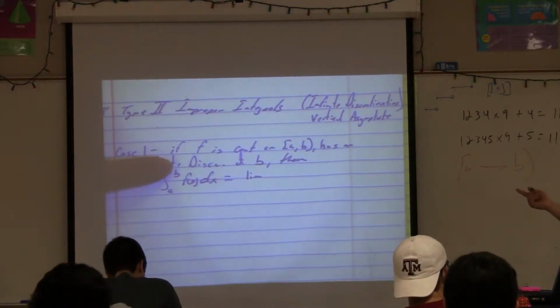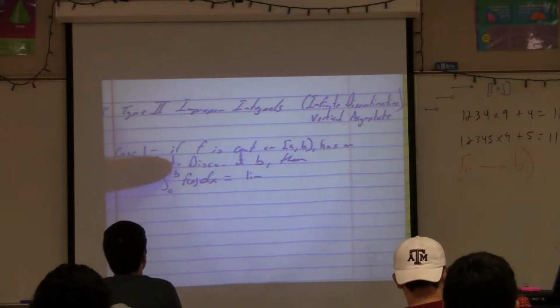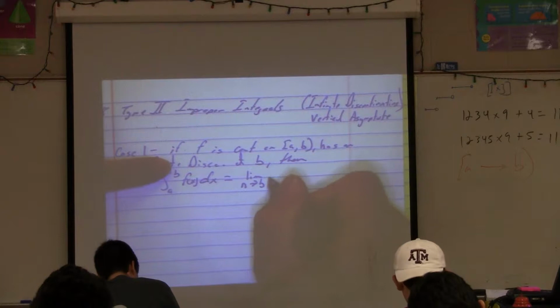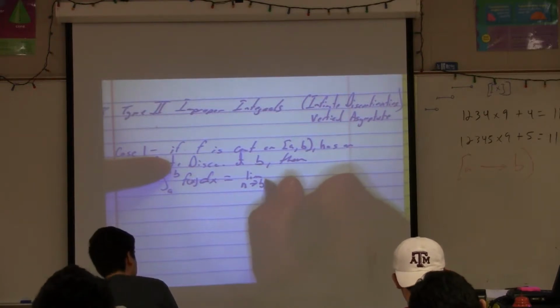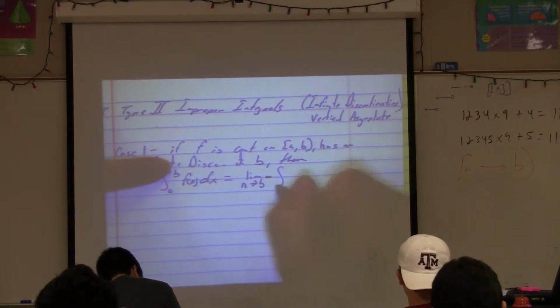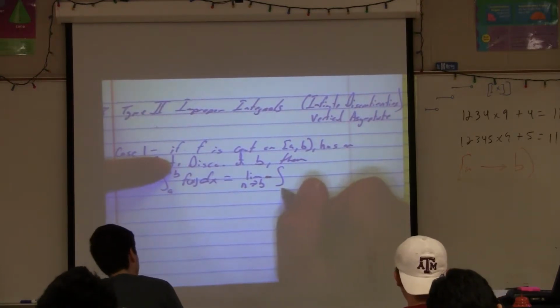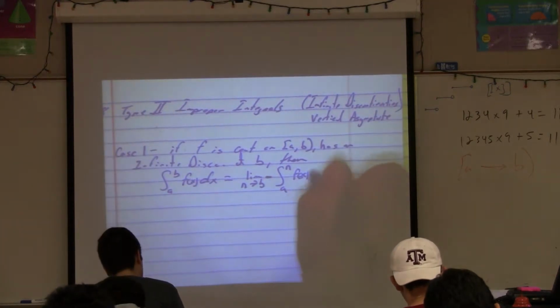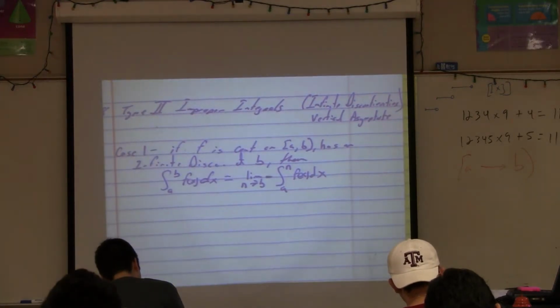So let's pick a letter. N? Okay. As n approaches B, from what side? From the left. Of the integral from where to where? A to n of f of x dx. That's how we would handle that particular guy.